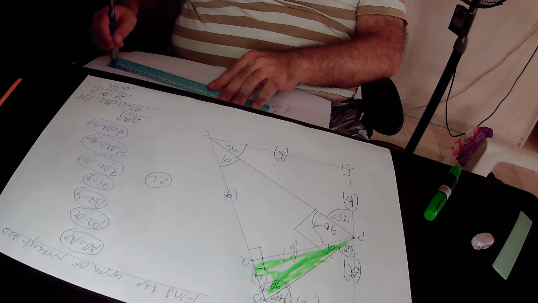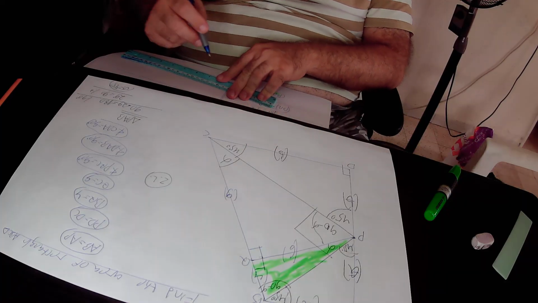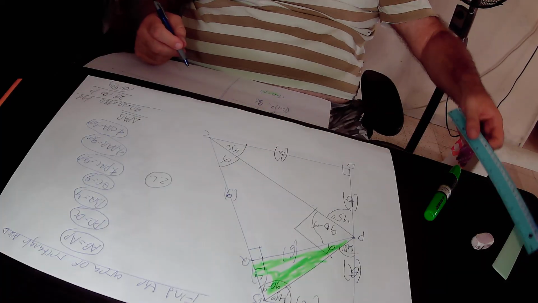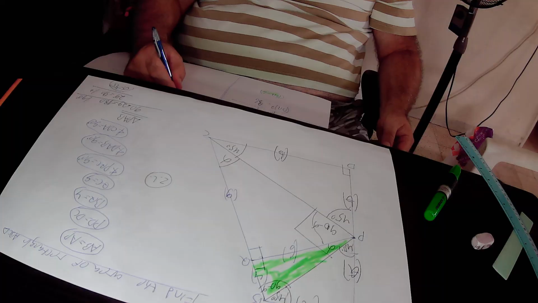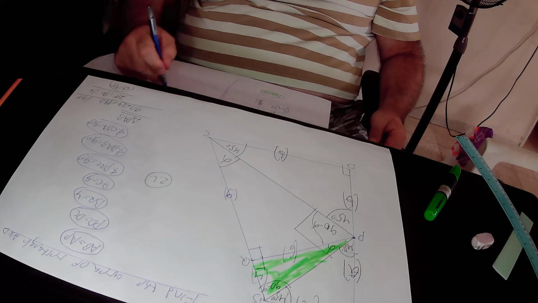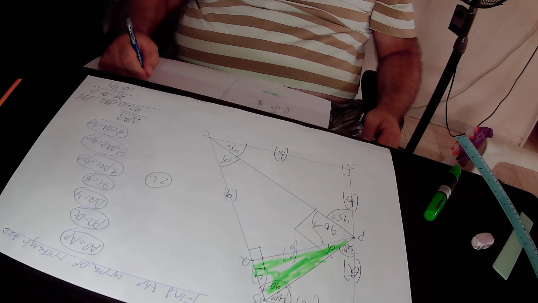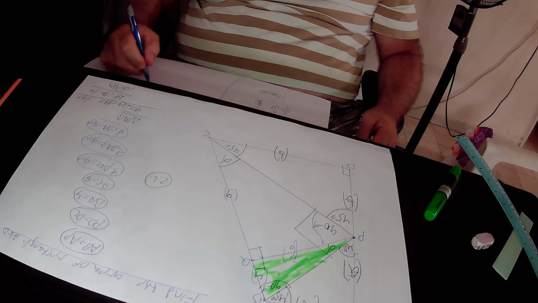So in the big right triangle BPC, BC is the hypotenuse, therefore the square of the hypotenuse is BC square, and BC square must be equal to BP square plus PC square.